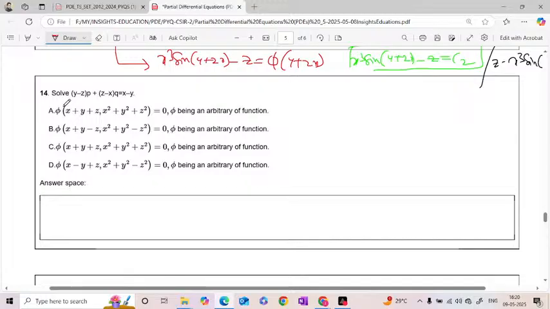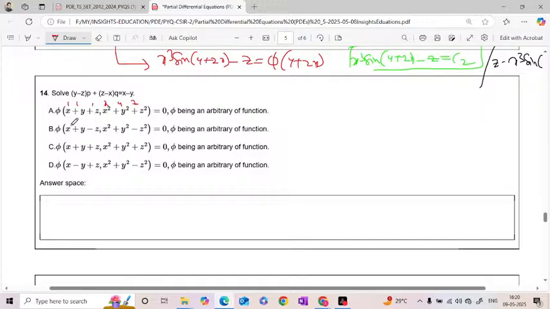So solve the differential equation y minus z into p plus z minus x into q is equal to x minus y. Option A, now we will check. In option A, our element values are 1 1 1 and here x y z.